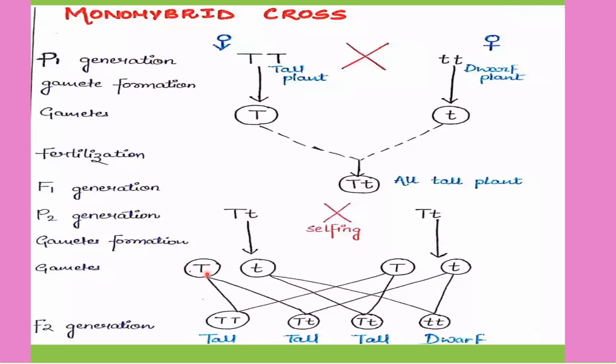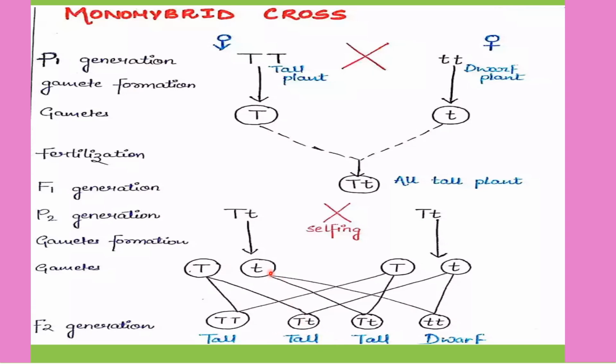Here you can see the capital T gamete from one parent crossed with the capital T gamete of another parent, then the progeny will be tall. Then again, capital T gamete crossed with small letter t of another parent, then that is tall but heterozygous.